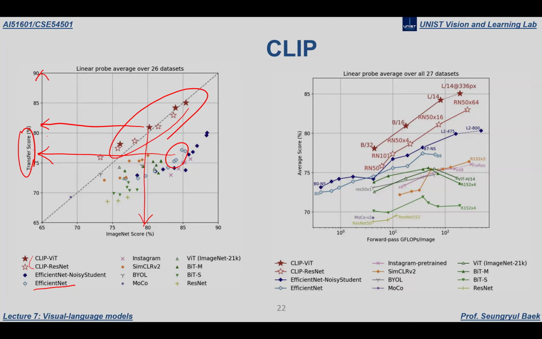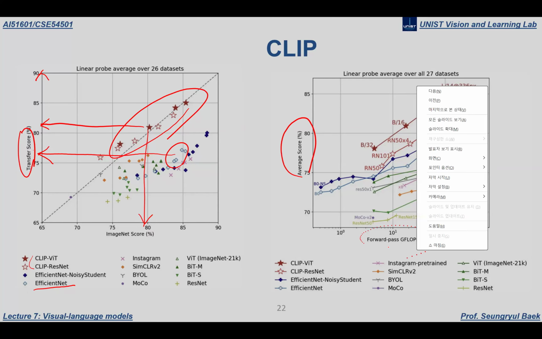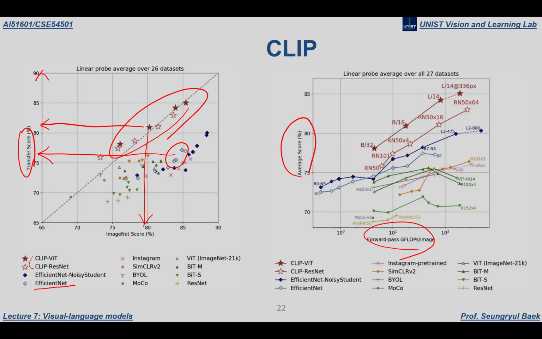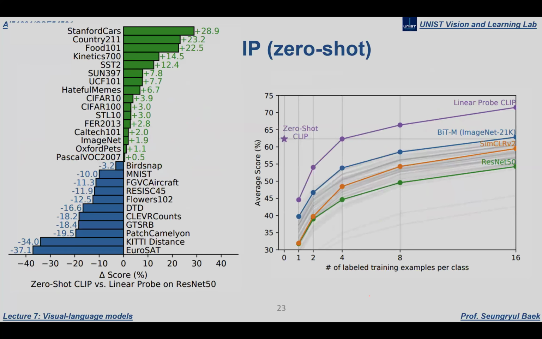That's the merit of CLIP, which is the text-aligned network. And this is showing the accuracy to the speed. So CLIP is also fast. And this is also showing the generalization ability of CLIP.